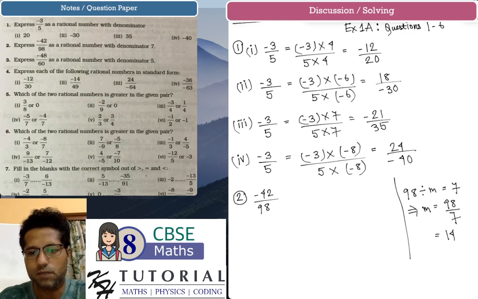So we can write using property 2, that is, if you have a rational number, we can divide both the numerator and the denominator by some non-zero integer, and the rational number remains the same.